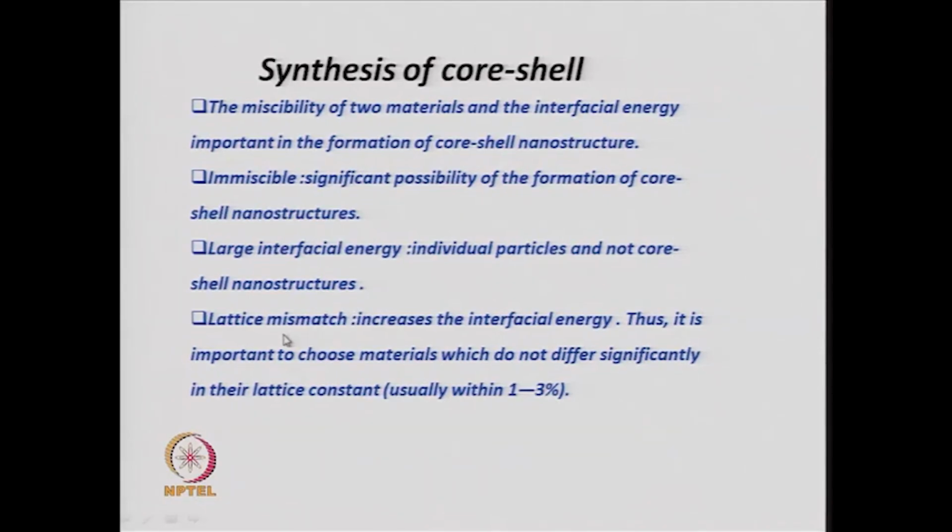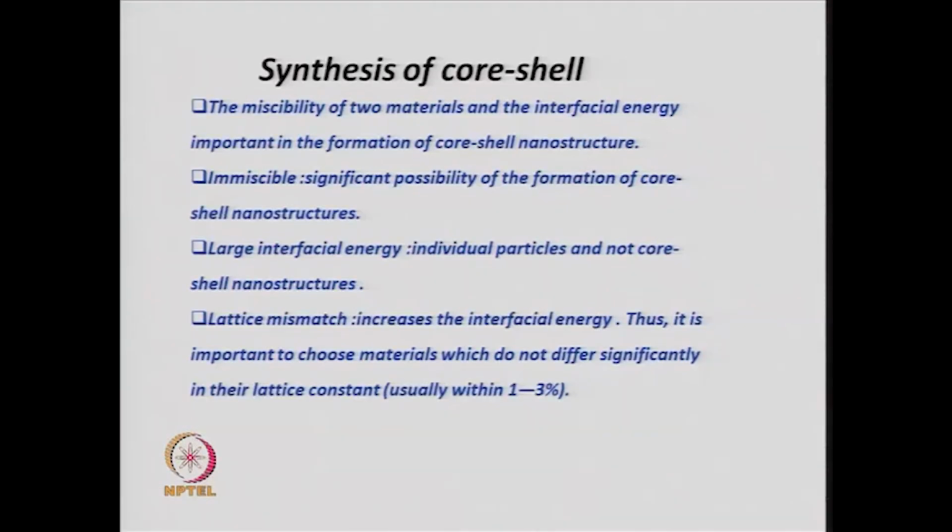Then if you consider lattice mismatch, that refers to the lattice parameters of the two materials A and B. If the lattice parameters, that is the unit cell parameters, are widely different, then that will increase the interfacial energy, and thus you have to choose materials which do not differ significantly in their lattice parameters or lattice constants, ideally within 1 to 3%.